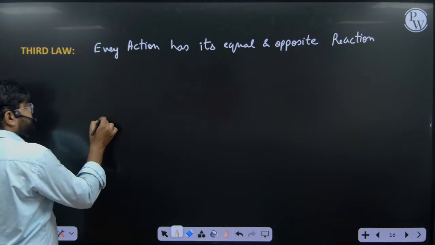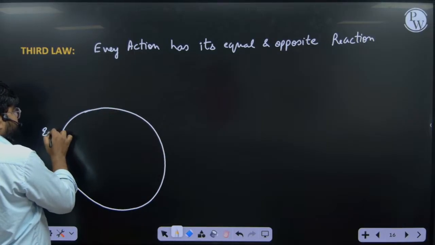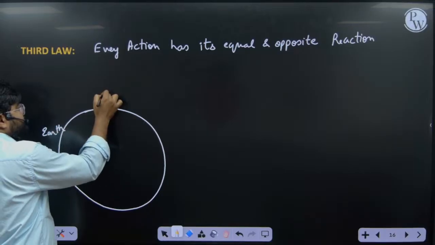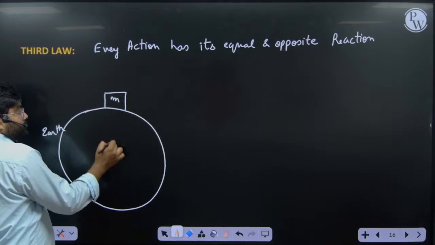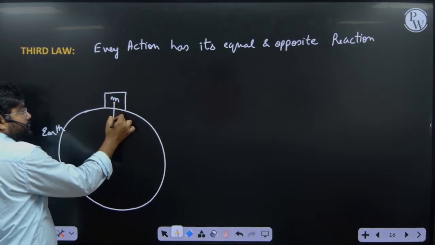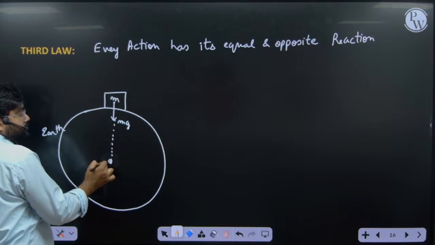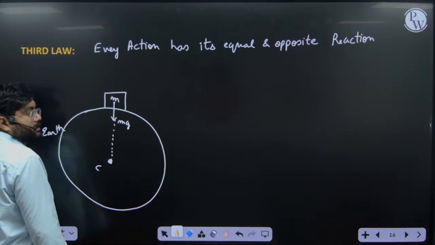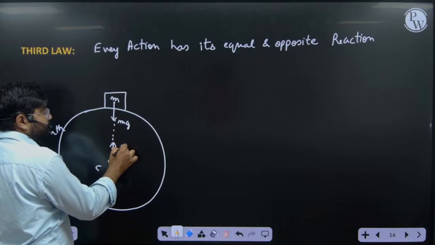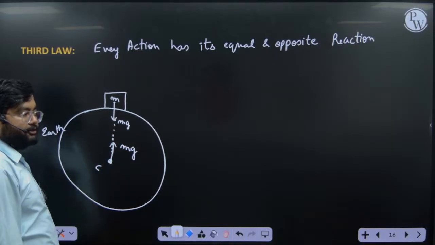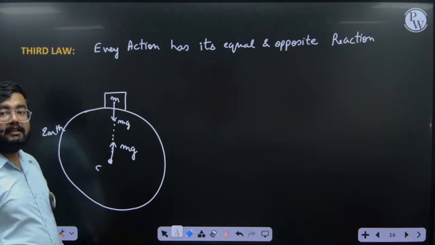For example, suppose this is Earth and a block is placed on it of mass m. Now, the Earth attracts the block towards its center, but how much force? mg. By Newton's third law, the block also attracts the Earth towards itself by the same amount of force. Every action has its equal and opposite reaction.